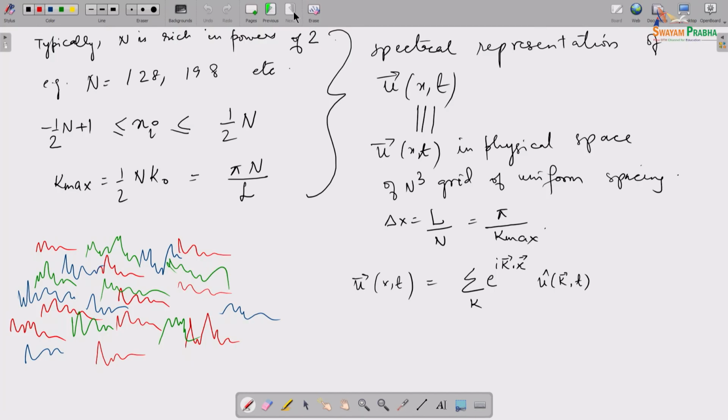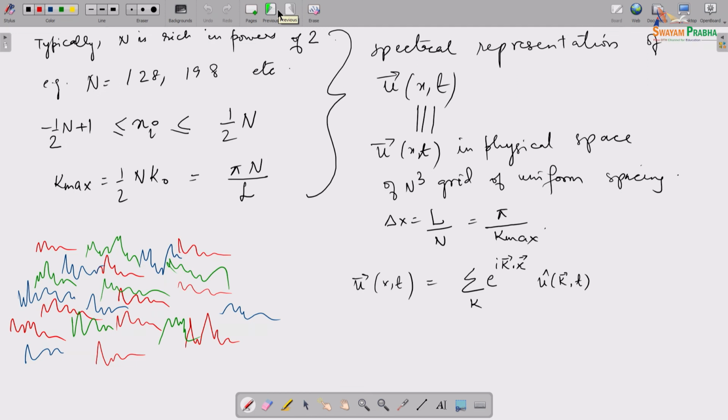Now what we're saying is this is a velocity at a location in this physical space. Now we go to the wave number spectral representation of this, and there I have a space which has all these waves moving around.